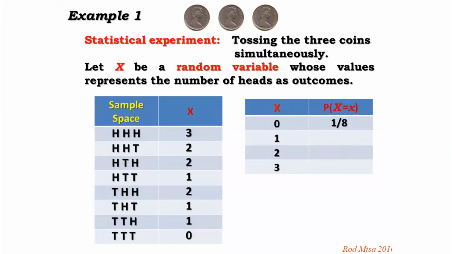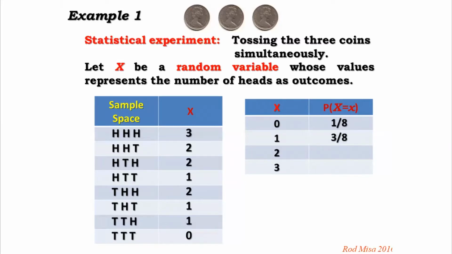But when the random variable x has a value of 1, it can occur in 3 ways because 1 indicates exactly 1 head as a result. So the head can occur in the first coin, or in the second coin, or in the third coin. So therefore, the probability is 3 out of 8 chances.